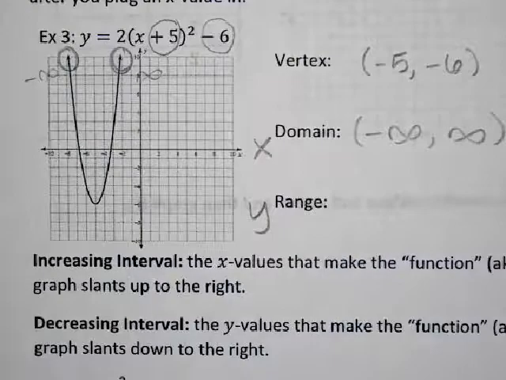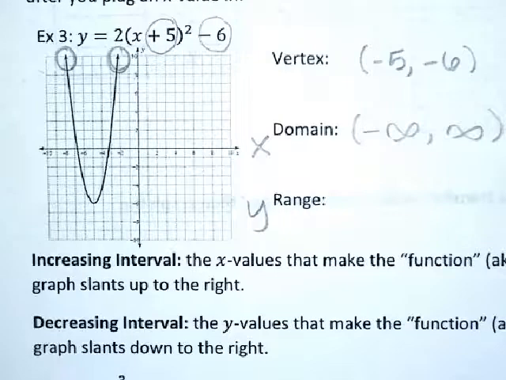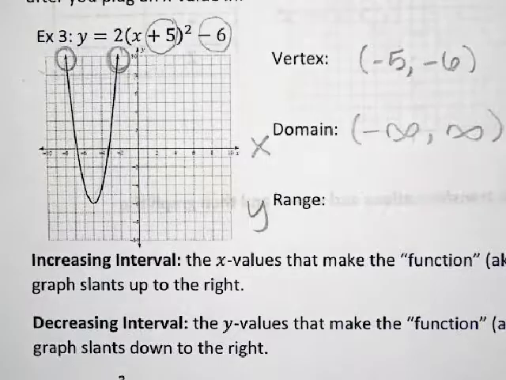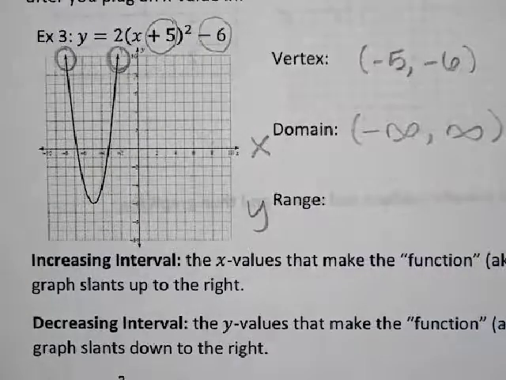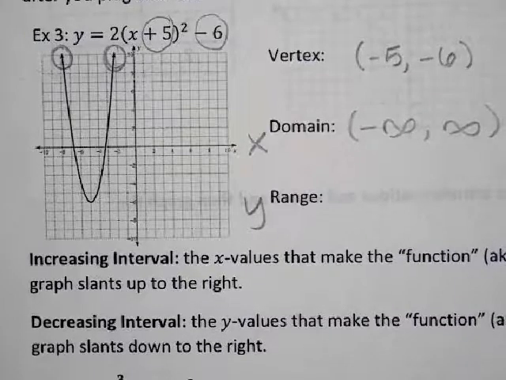And that part's done. That wasn't too bad. So you'll notice that the domain, just like on the absolute value graphs, those were the V-shaped graphs, the domain is always the same. For the V-shape and the U-shaped graphs, it's always negative infinity to positive infinity. It goes forever to the left, forever to the right.